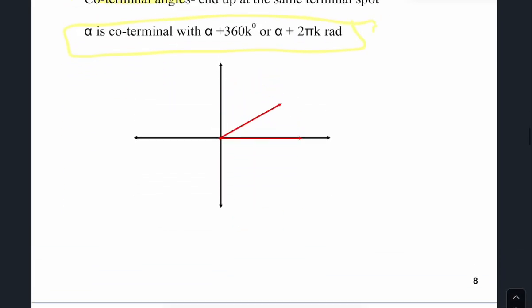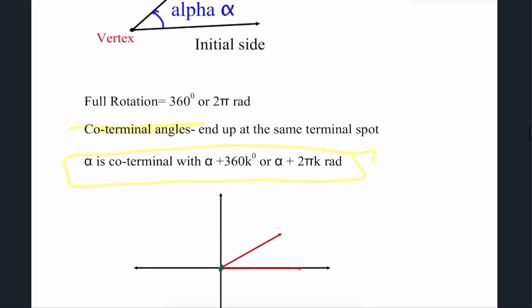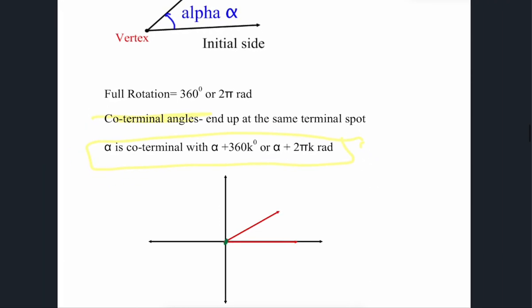So we're going to be placing the vertex of our angles many times at the origin. Here is your initial side. That initial side, 99% of the time, is going to be on the x-axis. The terminal side is going to rotate.